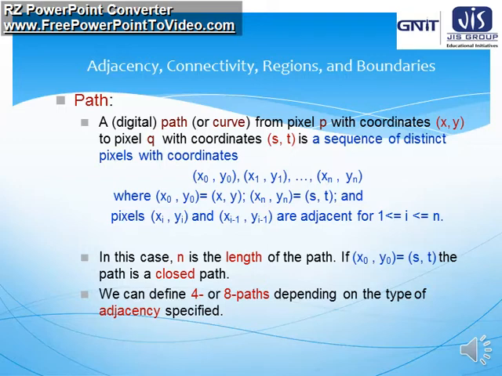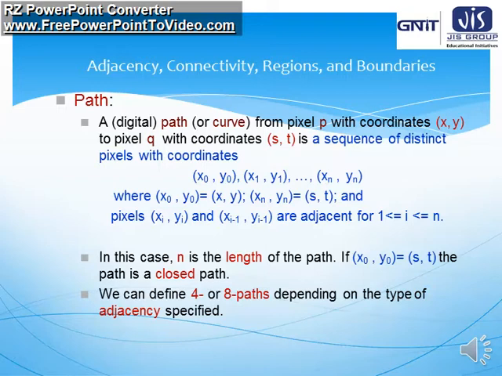This path is also known as a curve. It starts from x0, y0, x1, y1 up to xn, yn, where x0, y0 equals x, y and xn, yn equals s, t, and pixels xi, yi and xi minus 1, yi minus 1 are adjacent for 1 less than or equal to i less than or equal to n.